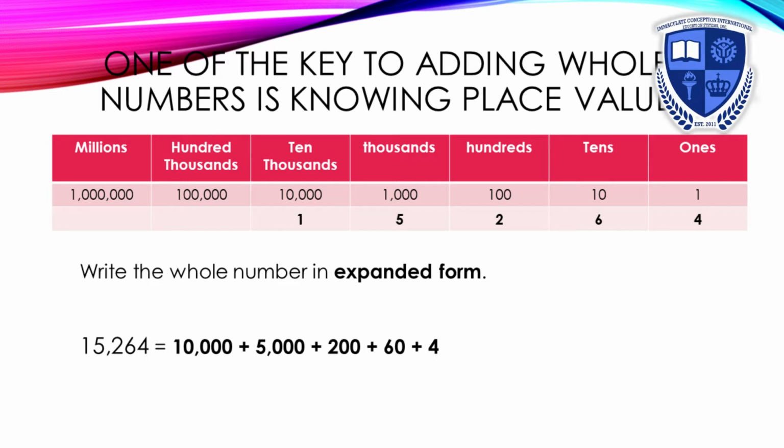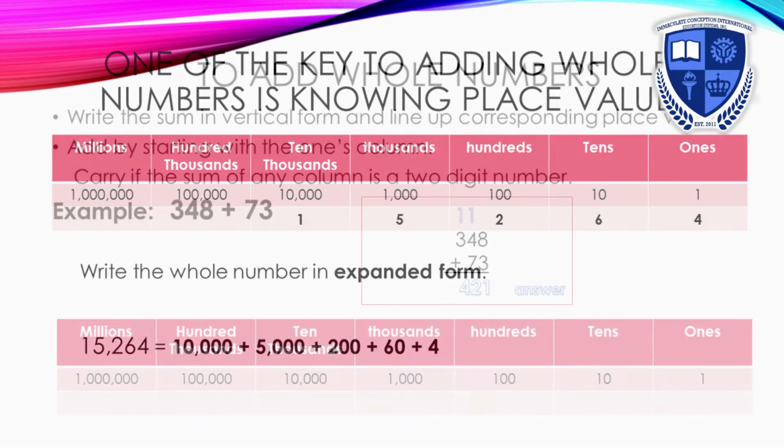In this table, 1 represents 10,000, 5 represents 5,000, the 2 is in the hundreds so it represents 200, the 6 is in the tens so it represents 60, and the ones digit represents 4. Expanded form shows what each digit represents in this number based upon its place value.